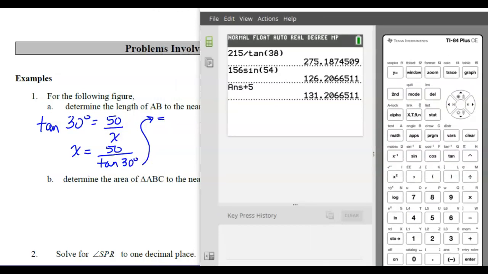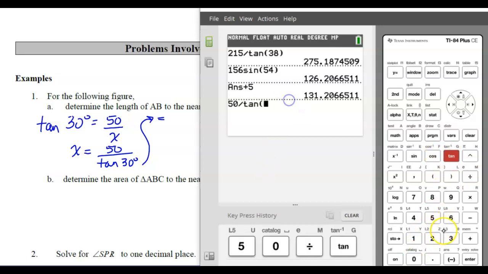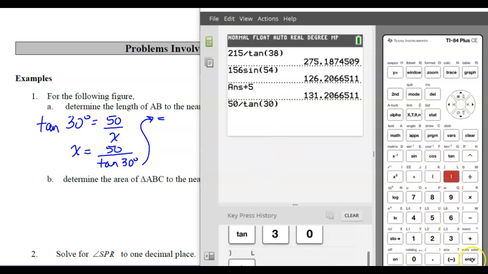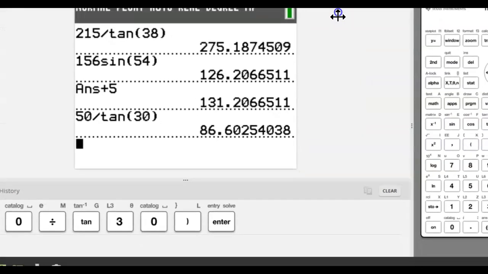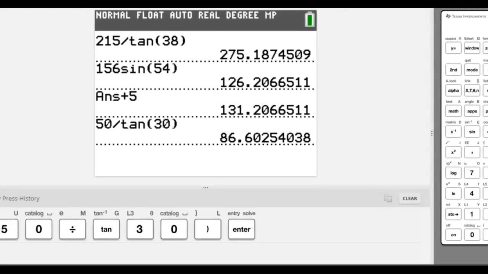So, 50 divided by tan of 30. Okay, 86. Now, this is not our final answer. If it asks for the nearest tenth, what does it ask for? Nearest tenth?